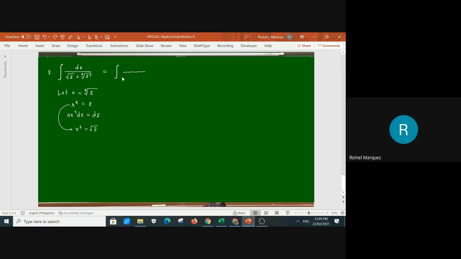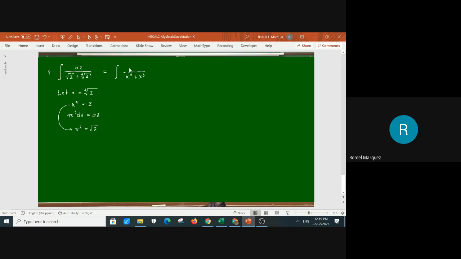So square root of z, that is x squared. Fourth root is x. But I have to cube it because it is cubed. Again, x is the fourth root of z. But it is z cubed. If I cube this, I have to cube the x. Am I correct, children?